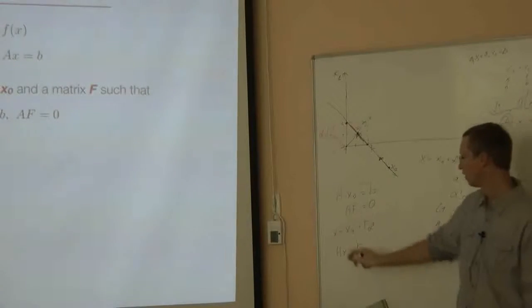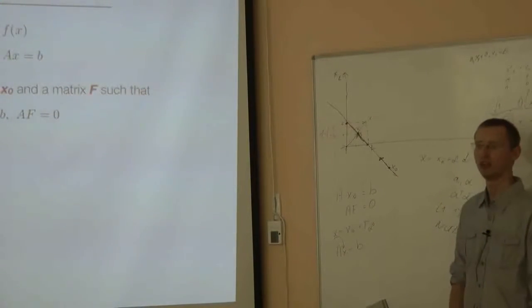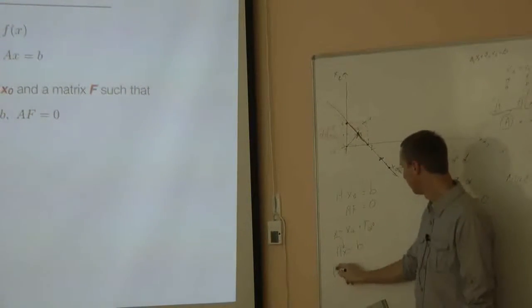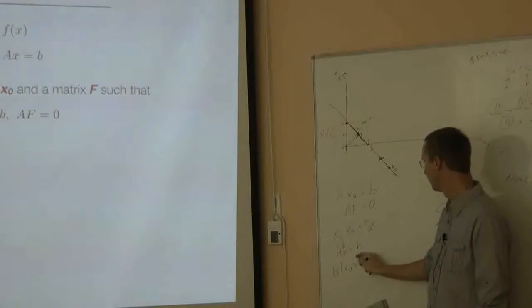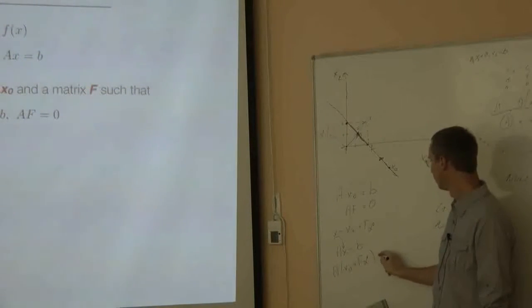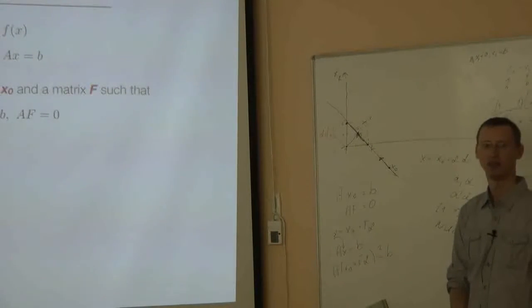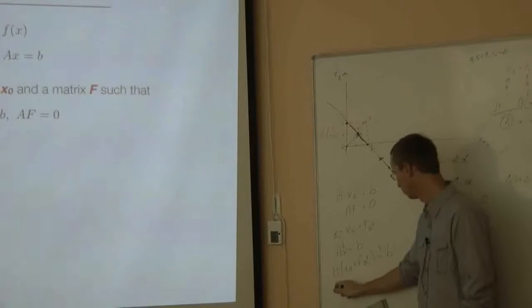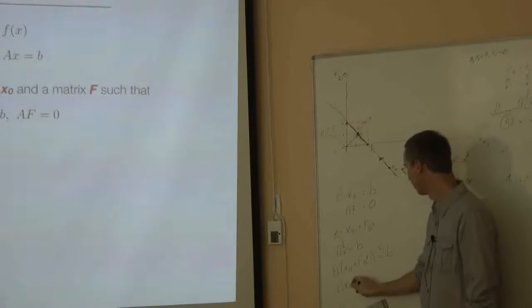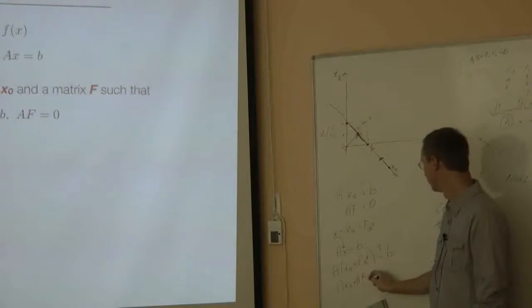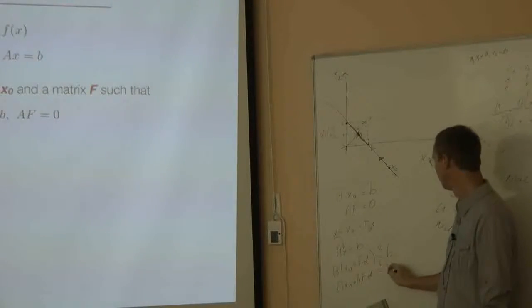So how can we show that? Well, we substitute. We have A times x0 plus F alpha. We want to check whether that's equal to B, always. How can we check that? Well, we expand. So Ax0 plus AF alpha, is it equal to B?